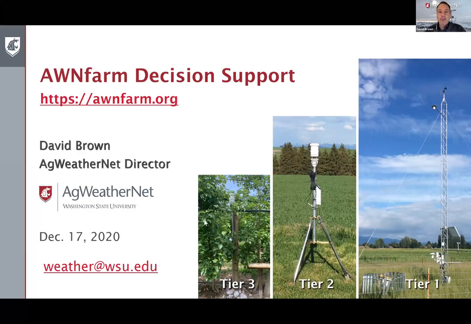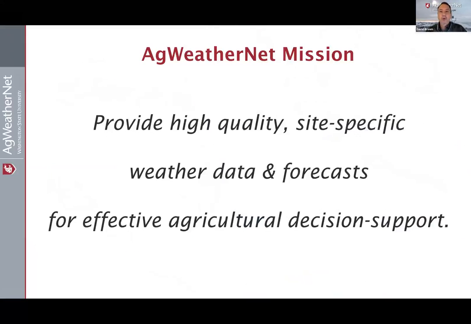And this platform is part of a change we've made where we're migrating to a 3-tier system in which we have sort of the gold standard stations. We have a fairly large number of more affordable stations, and then we have private stations that people can install, and we'll put those on our network. So our overall mission is to provide high quality site-specific weather data and forecast for effective agricultural decision support.